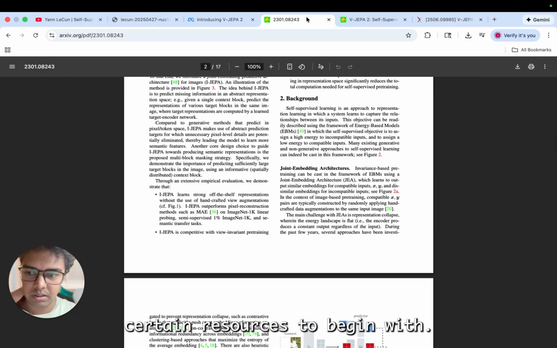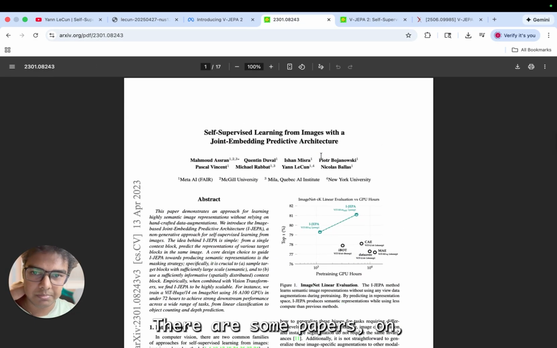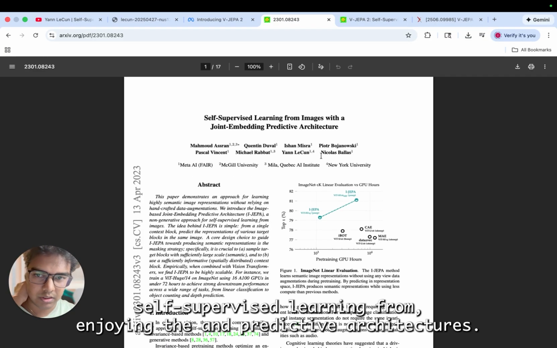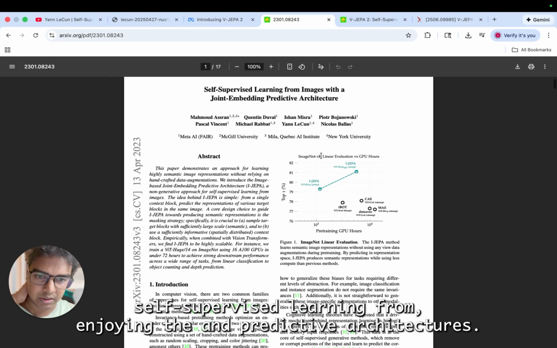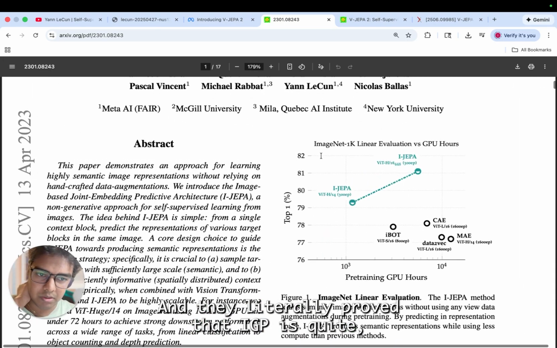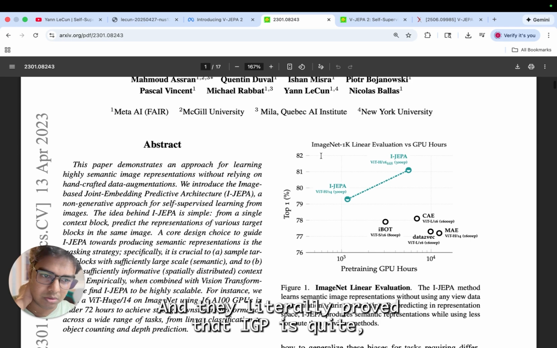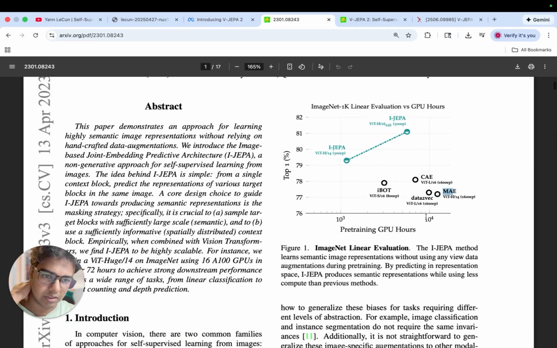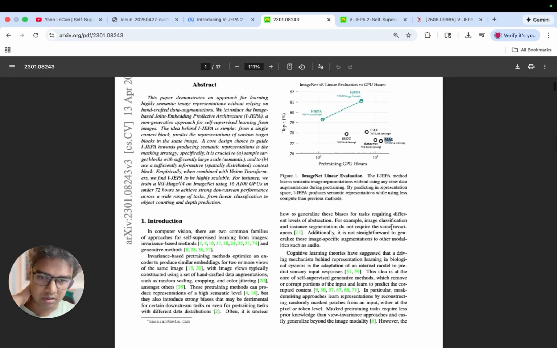To begin with, here are some papers on self-supervised learning from images with joint embedding predictive architectures, and they literally proved that iJEPA is quite a bit better than the MAE models, data2vec models or iBOT models.